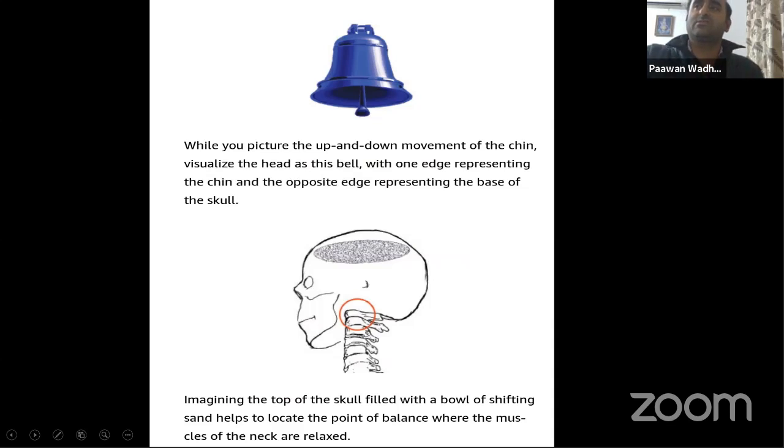So this is also an exercise I will be teaching you, for which I have a special cushion, which I will be placing on my head, and I will be teaching you how you get rid of your cervical issues.